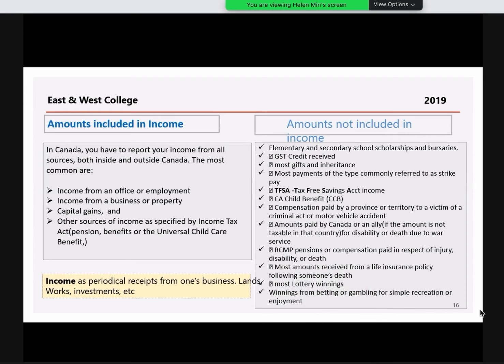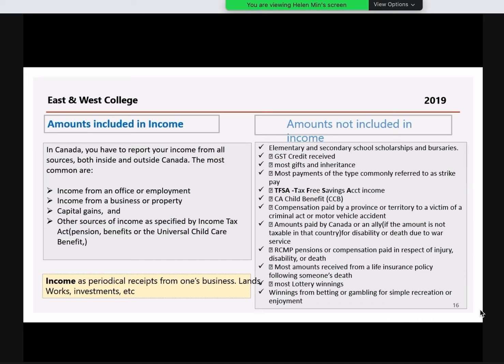Okay, TFSA. Of course, TFSA is a tax-free savings account, so TFSA income is tax free. That means you use the TFSA money to buy a GIC or purchase stock, and then you make money.